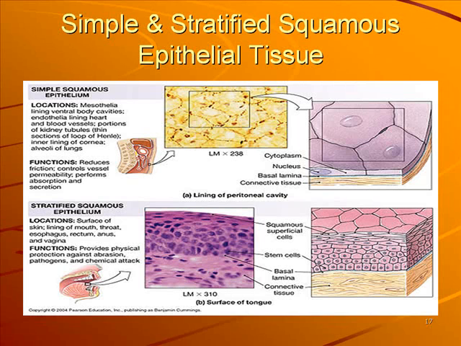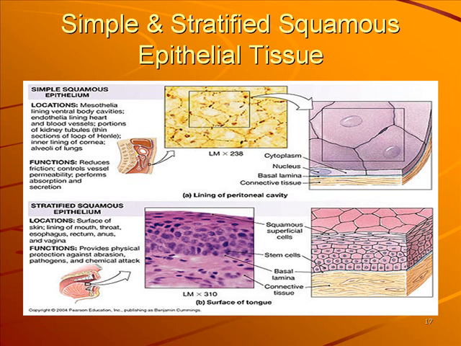Its function provides physical protection against abrasion, pathogens, and chemical attack. On a test question, I may show you this slide, and I would say this type of epithelial tissue typically lies on the surface of the skin, or it lies in a body structure that has exposure to the external environment. Identify this tissue type.